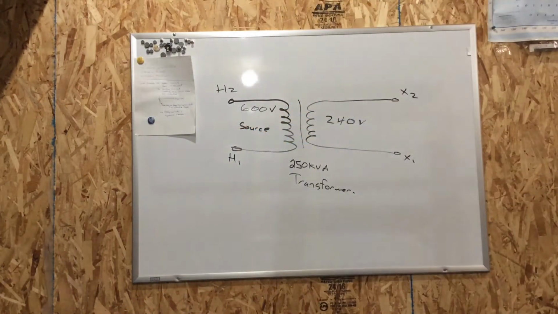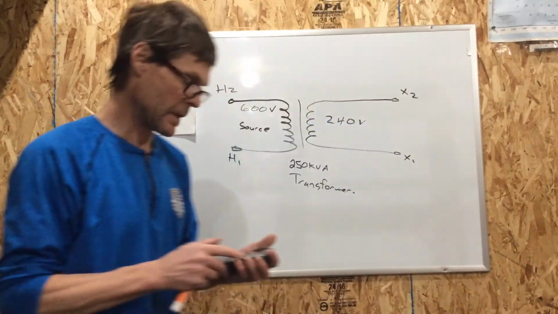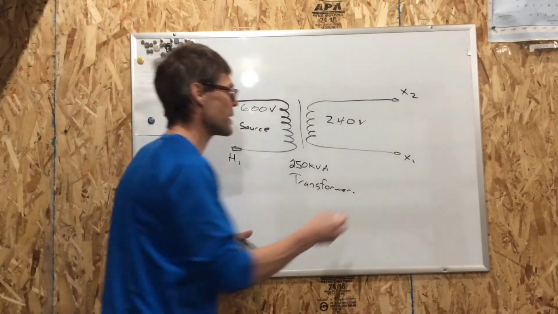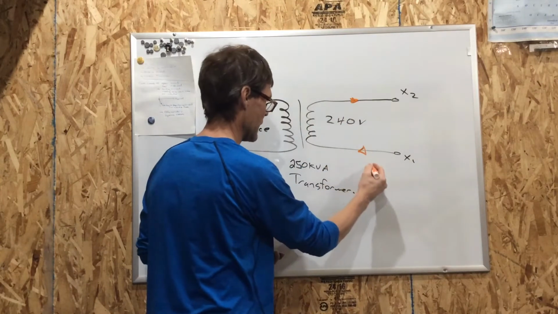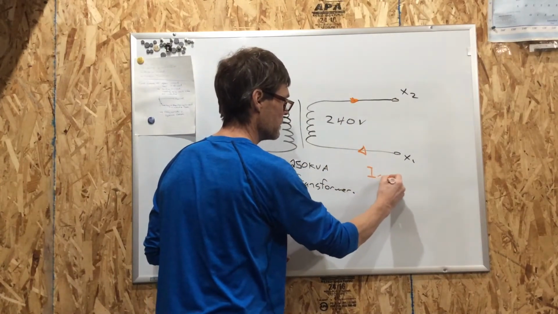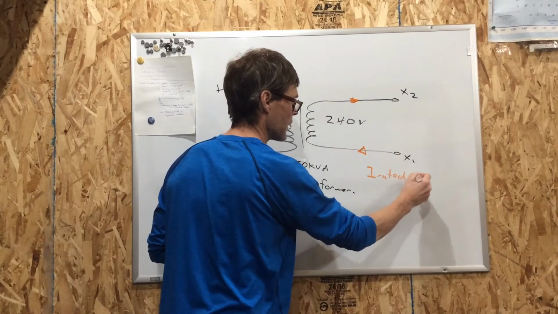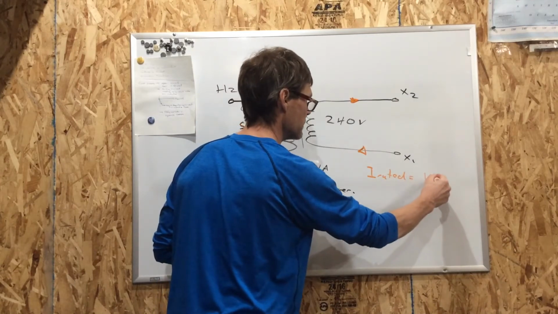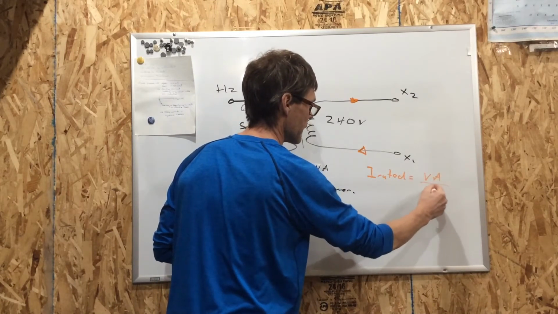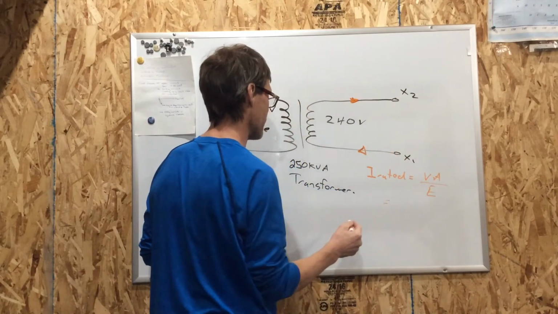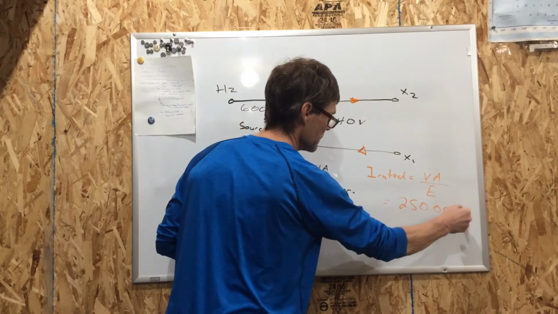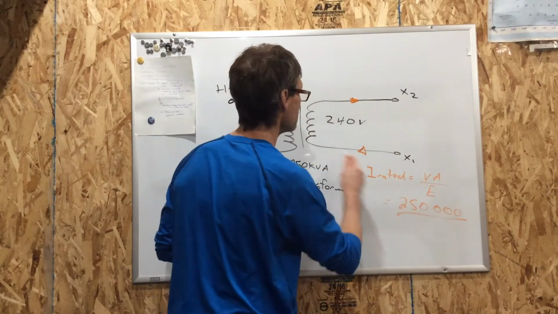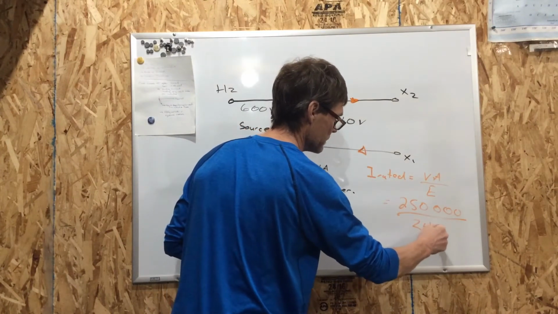Let me get my little calculator here. So the rated current over here is going to be I rated, is going to be our VA divided by our E, the rated voltage over here, which is 250 kVA divided by 240.